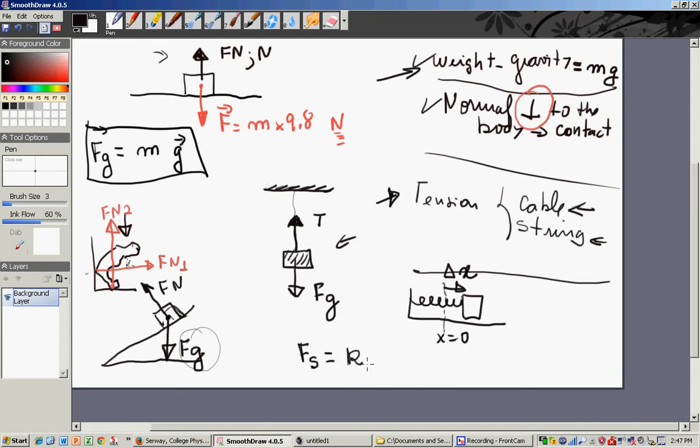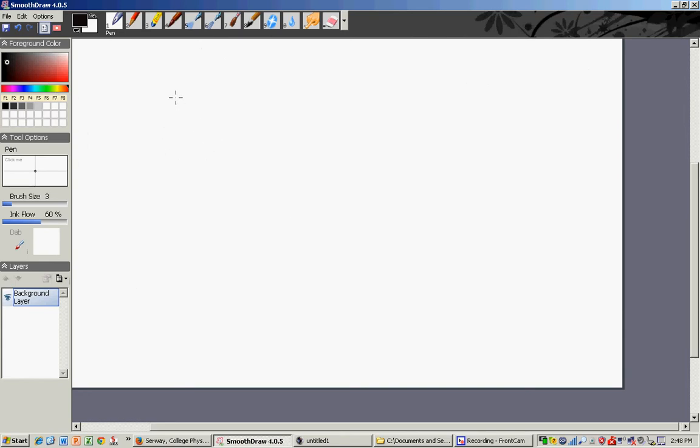There is a force called the restoring spring force, which is given by a constant, which depends on the spring material, the thickness of the spring itself, the type of material it's made of, times how much the spring is being compressed or stretched. In our course the force of the springs will always be depicted this way. So we saw weight, we saw normal, we saw tension, and we saw spring force. Let's take a look at a few examples.